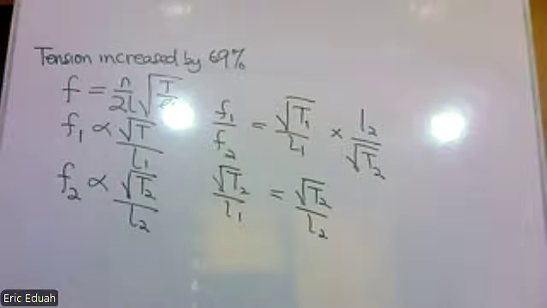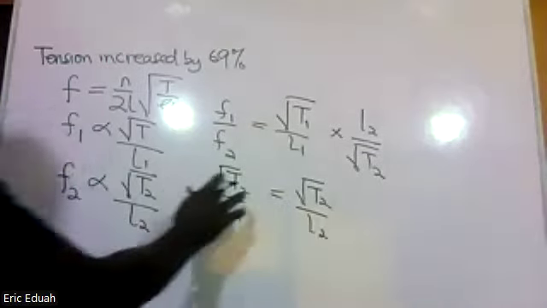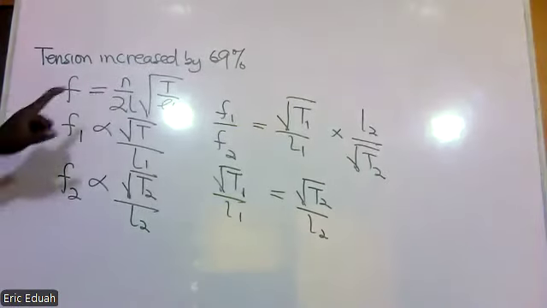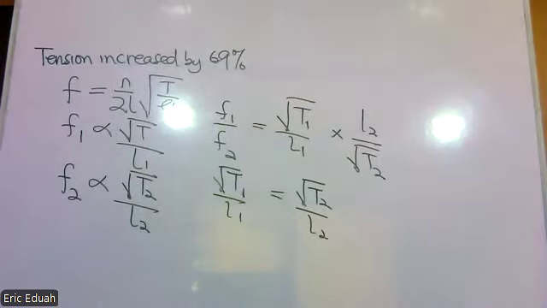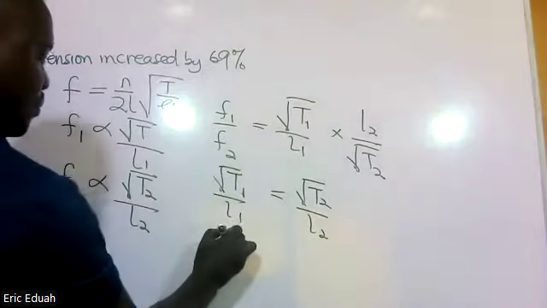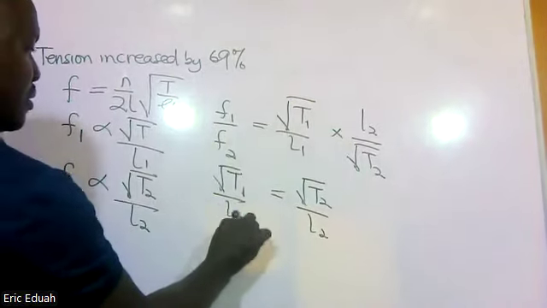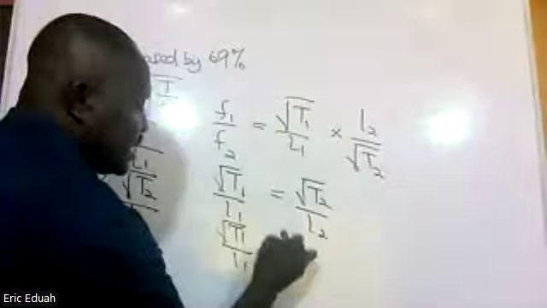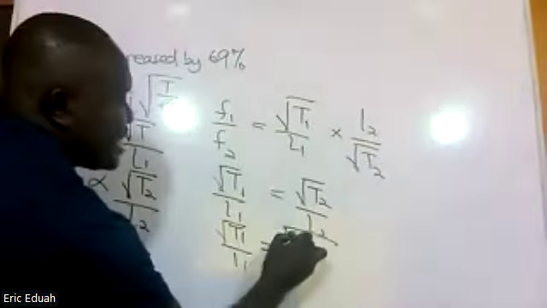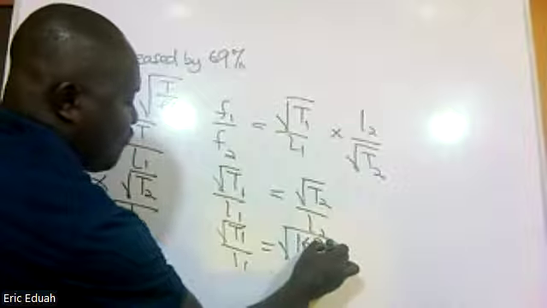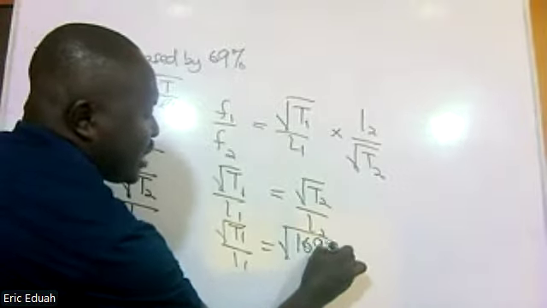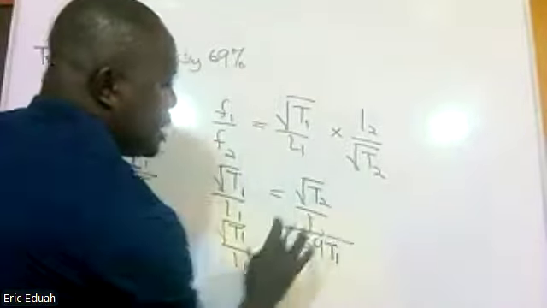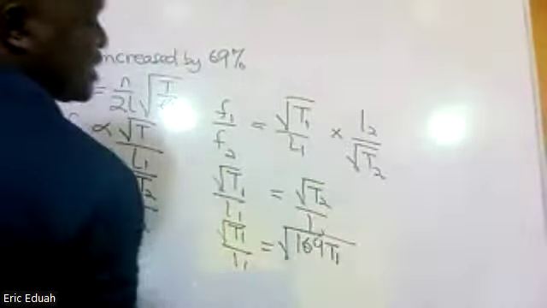Now, we are looking for when the tension is changed. Hold on, this is T1. When the tension is increased by 69%, we have T1 on L1, then the new tension is 169% of T1. The new tension is increased by 69% of the original.